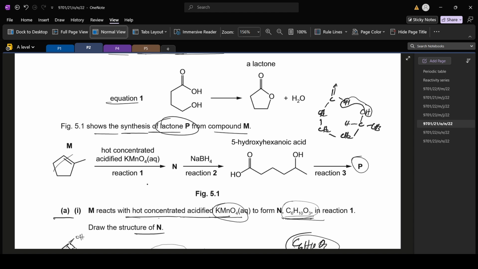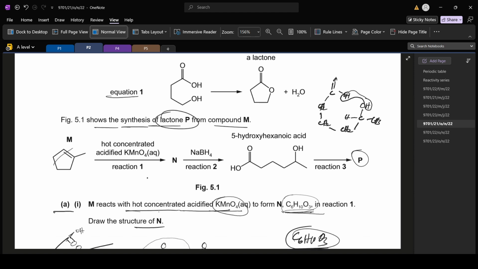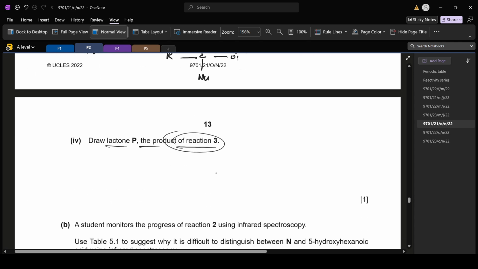So 1, 2, 3, 4, 5. The ester will be like this: 1, 2, 3, 4, 5. And you will have an ester linkage.